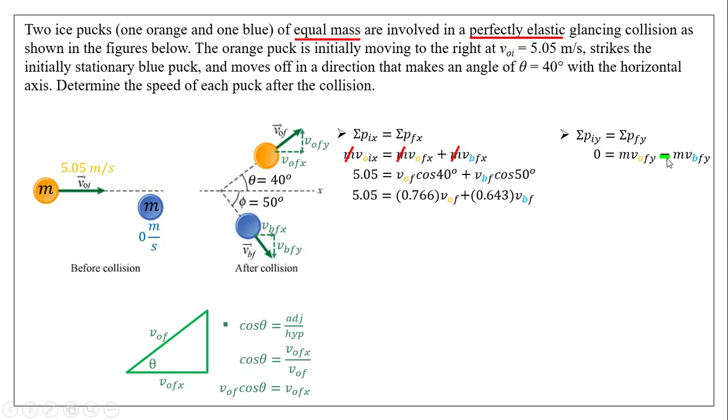So I'm going to go ahead and introduce my negative sign right away just so I don't forget later. So I'm going to say positive minus negative because one is pointing up, the other one's pointing down. Okay, so as you can see here, mass cancels out again, so you can factor out an m, and then 0 divided by m is just 0. So really, the only thing you have left is just VOFY minus VBFY. I'm just going to move this negative VBFY to the other side of the equal sign, which will change sign.